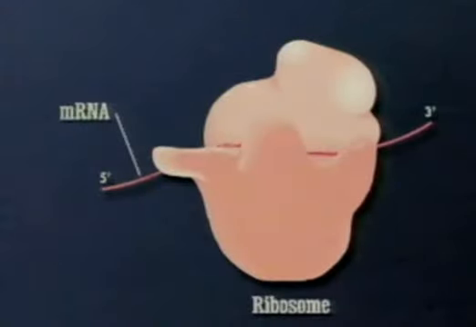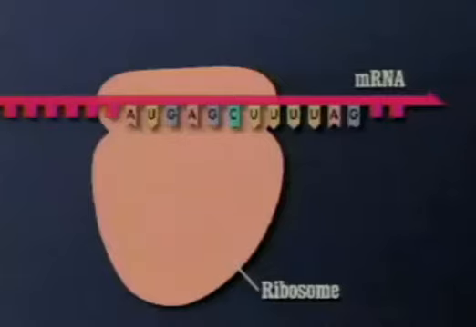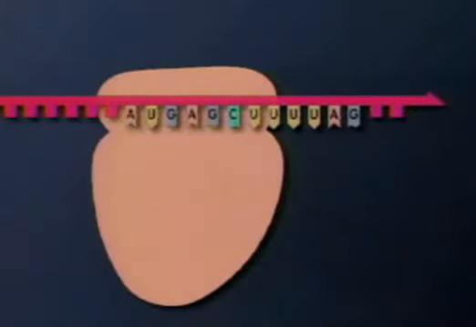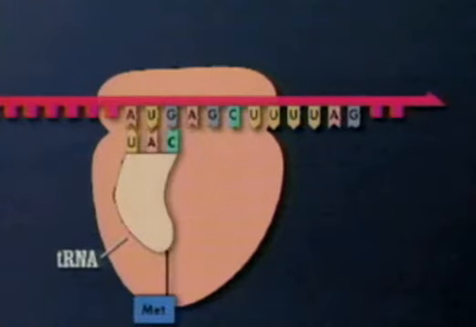The average cell of a mammal contains some 10 million ribosomes. The messenger RNA joins to a ribosome. The bases along the mRNA are grouped into sets of 3, called codons.